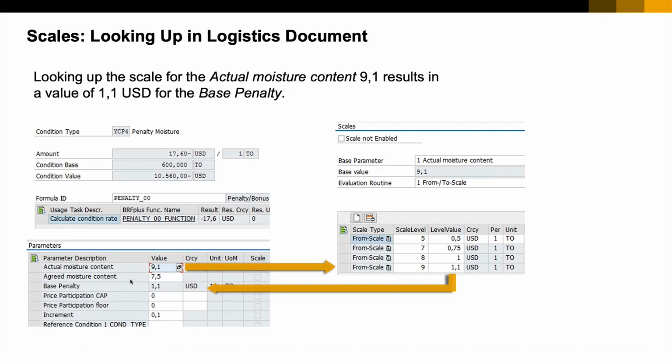And again, some parameters are for different scenarios. You can provide a threshold as cap and floor as well, but in this case, it's not required. But as I said, BRF Plus is quite flexible in the kind of formula you desire to make. Based on that, the simple formula which we saw before will kick in, and it will calculate a value of negative 17.6.